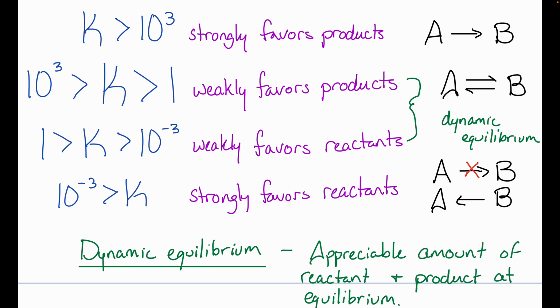Okay, cool. So we said that K is products over reactants, and that is true. But let's build one of these for a real reaction, what we would call our equilibrium expressions.